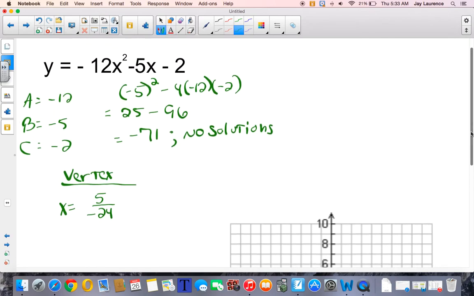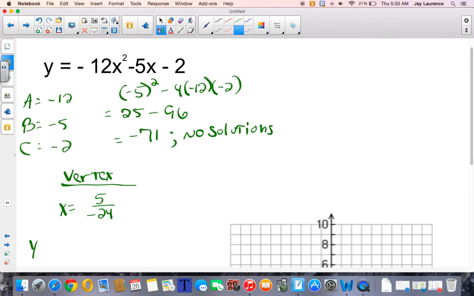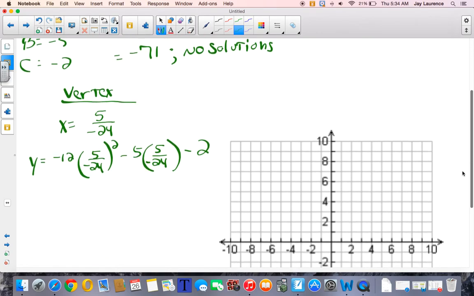To get the y-coordinate of my vertex, I'm going to do y equals negative 12 times 5 over negative 24 squared minus 5 times 5 over negative 24, minus 2. And just in the interest of time, I'm going to go right to my calculator on this one.